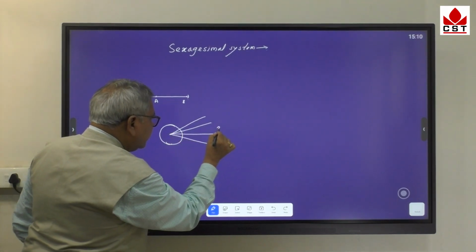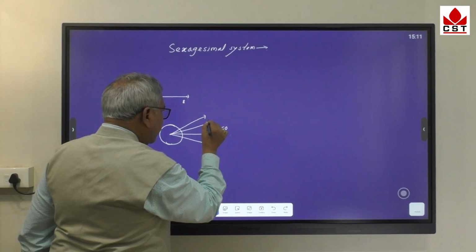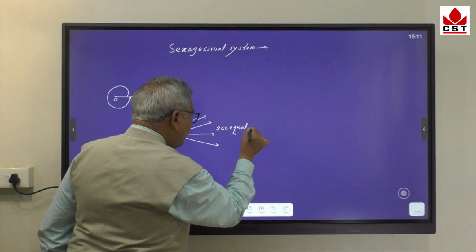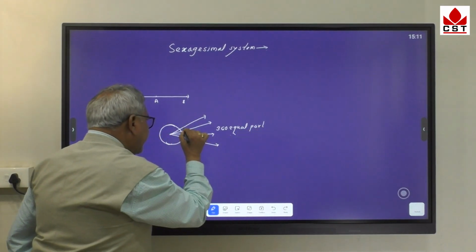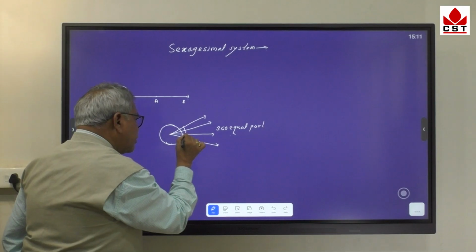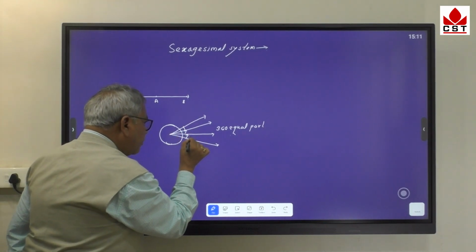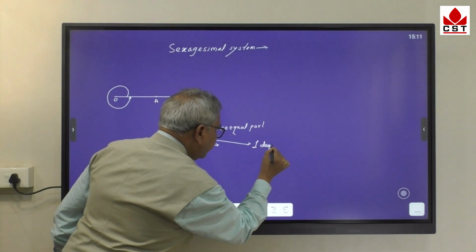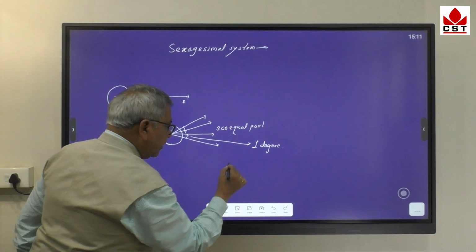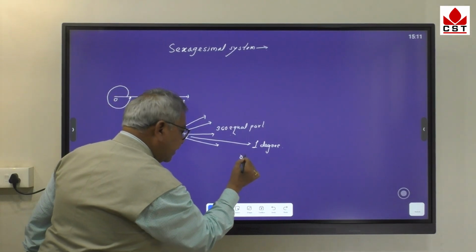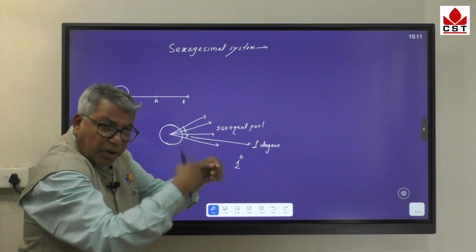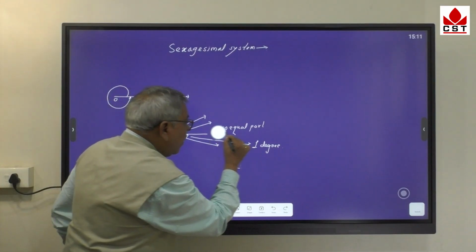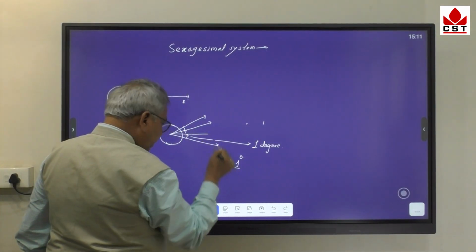How many parts? 360 equal parts. And each part, that amount of rotation, is called 1 degree. This is a degree. 1 degree, denoted as 1 and degree symbol. So the total round, a complete angle, is divided into 360 equal parts. Right? 360 equal parts.